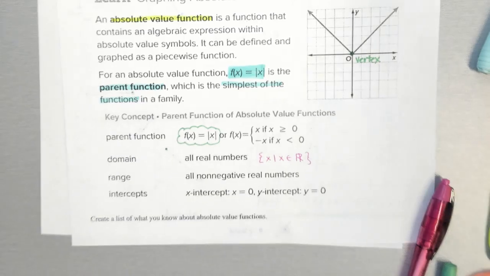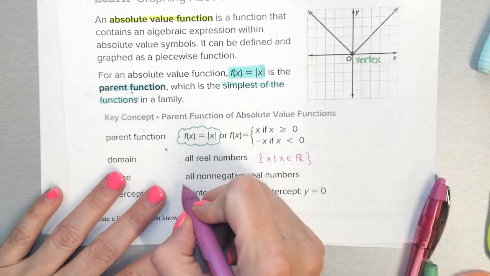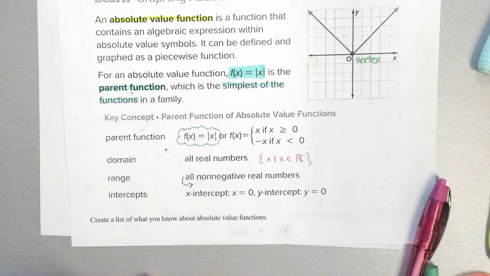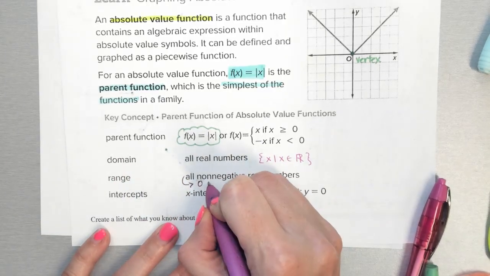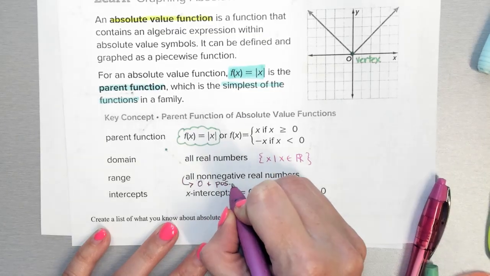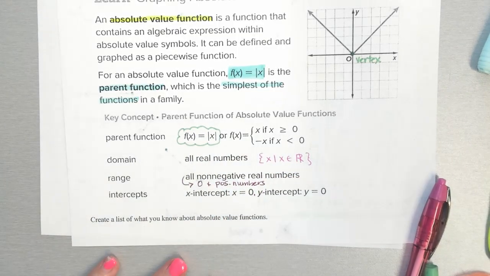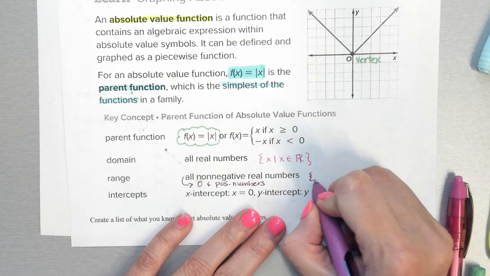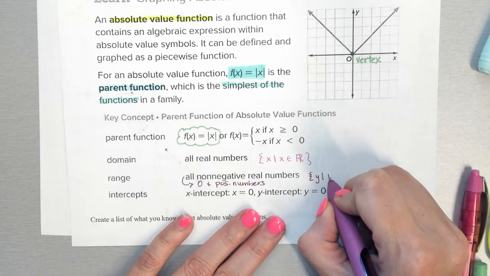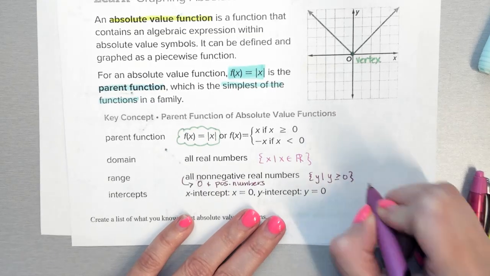Positive and what's another non-negative number? 0. And that's why they say non-negative instead of positive, because they want you to include 0. So for this one, it would be all values of y such that y is greater than or equal to 0.